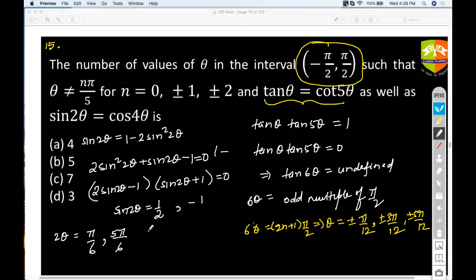Minus pi means it can be minus pi by 2 and it can be 3 pi by 2. But again 3 pi by 2 will exceed, so I'll have to drop it. Correct? So theta can be pi by 12, 5 pi by 12 and minus pi by 4.